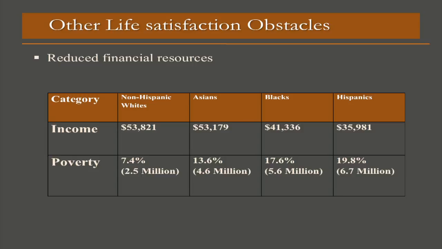As you can see, millions of Americans of various ethnicities and backgrounds live in poverty. Overcoming this obstacle is imperative in improving life satisfaction and improving overall health in the older population.